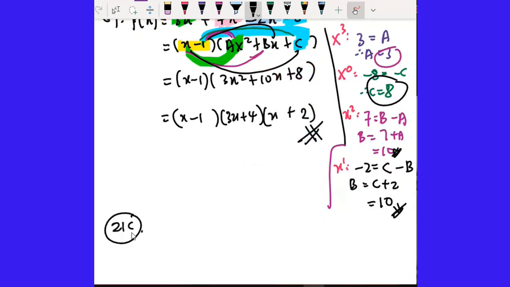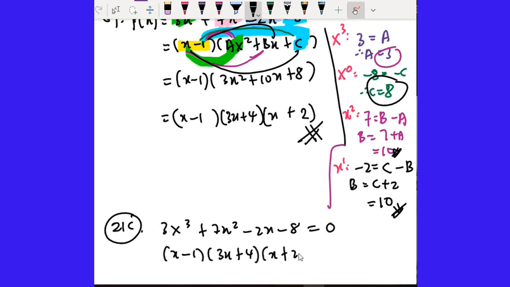This is 21C. Okay. Hence, solve the equation 3x cubed plus 7x squared minus 2x minus 8 is equal to 0. So this one is equal to (x minus 1)(3x plus 4)(x plus 2) is equal to 0.